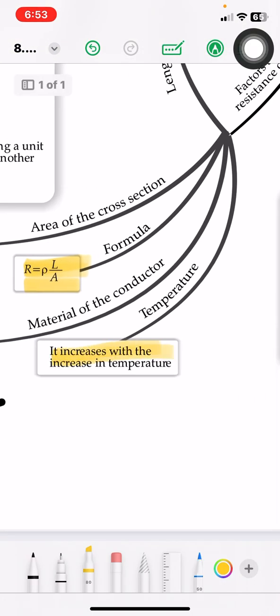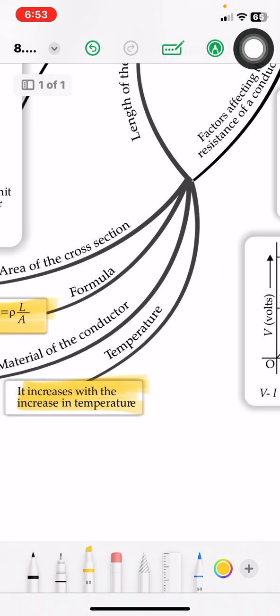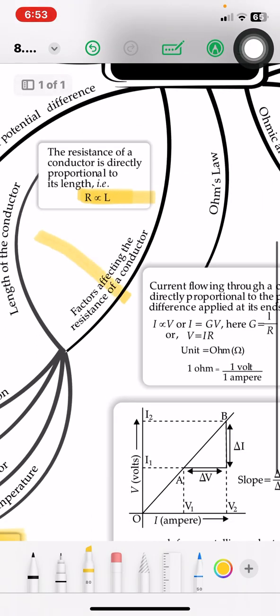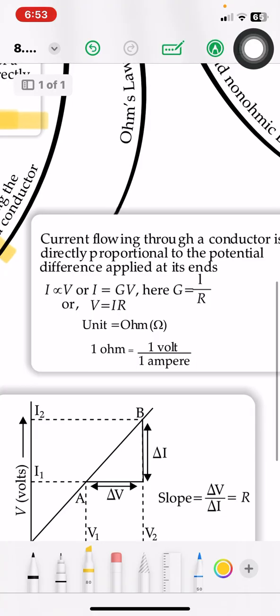And resistance also varies with an increase in temperature, okay. And resistance is directly proportional to the length and inversely proportional to the area of cross section, okay. This is Ohm's law. Voltage is directly proportional to the current, okay.